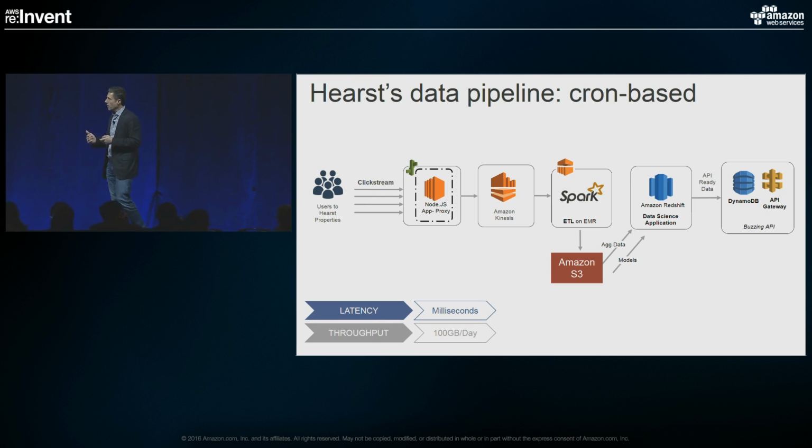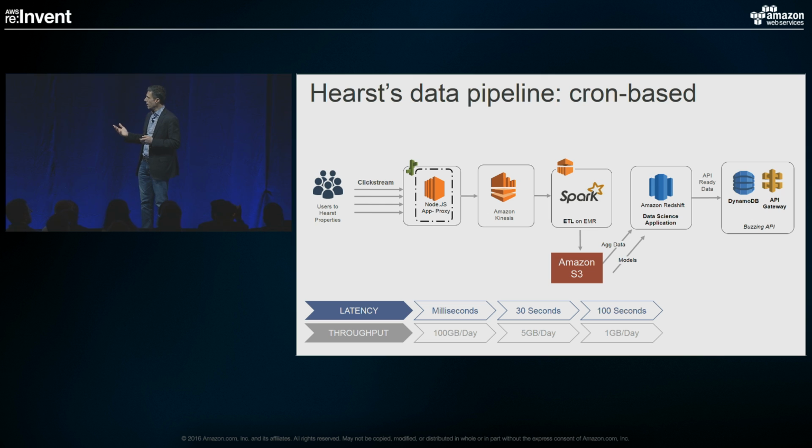We had about 100 gigabytes of data coming in. The ETL process takes about 30 seconds. We had 100 seconds worth of machine learning and data science performed on it, 5 seconds into the API gateway, and in about 2 minutes, we're able to push data from the front end of our websites all the way through the API backdoor and feed applications across Hearst.